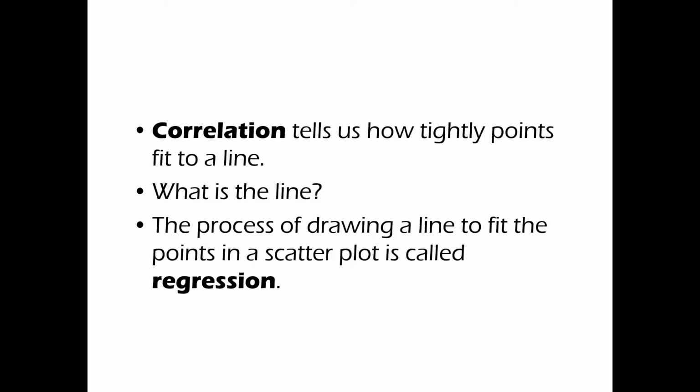Now we have learned correlation, and we know it's used to test how tightly points fit to a line, although we don't draw a line with correlation. What if we want to draw this fitted line? To do so, we'll need to run a regression analysis.